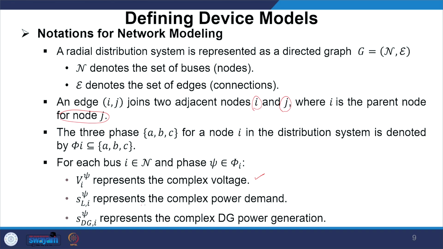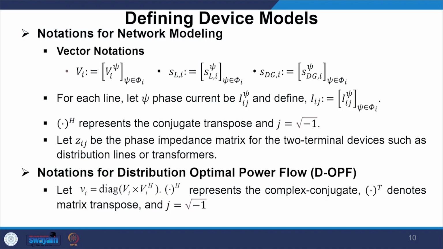Now, let us see how the voltage and the complex power are defined. V_i represents the complex voltage, S_Li represents the complex power demand, and S_DGi represents the complex power generation. So, generation, demand and voltages are defined in this pattern. Now, let us get into the vector notations for your 3 phases.